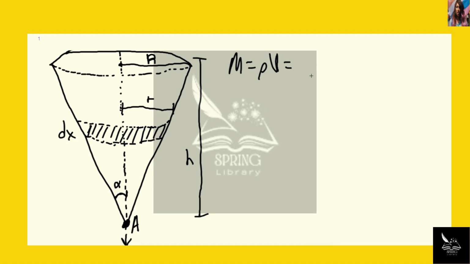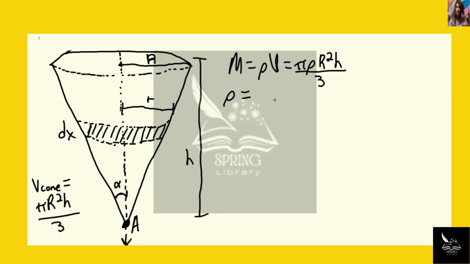So this would be equal to pi rho r squared h over 3, given that the volume of a cone is, again, pi r squared h over 3. In this case, we would have to solve for rho. So rho is going to be 3m over pi r squared h.